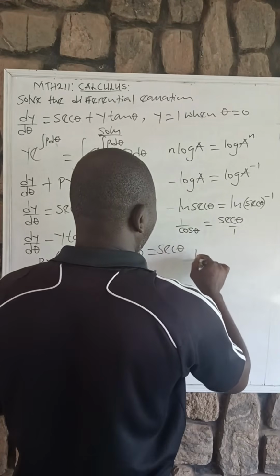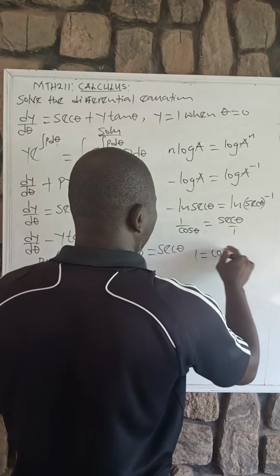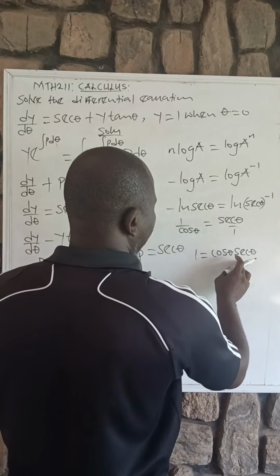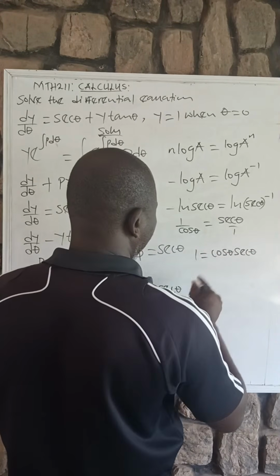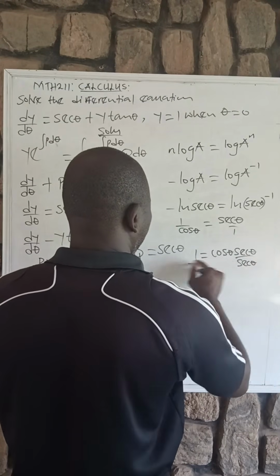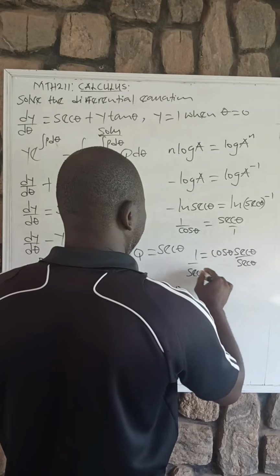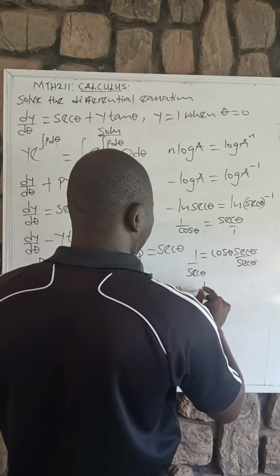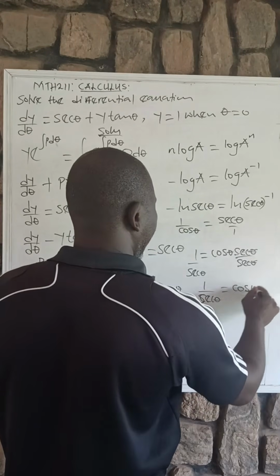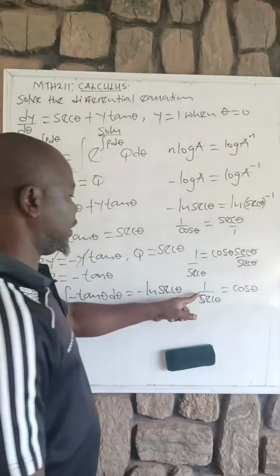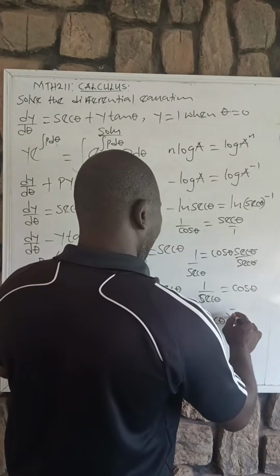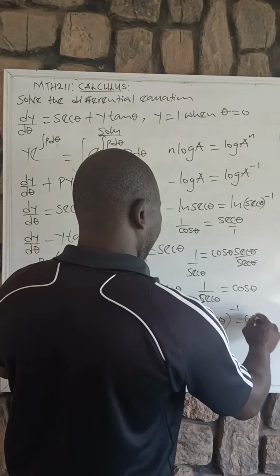You are going to have 1 equals cos theta times sec theta, then make cos theta the subject. By the time you divide through by sec theta all over sec theta, you are going to have 1 all over sec theta, which is equal to what? Cos theta. So sec theta inverse is equal to cos theta.